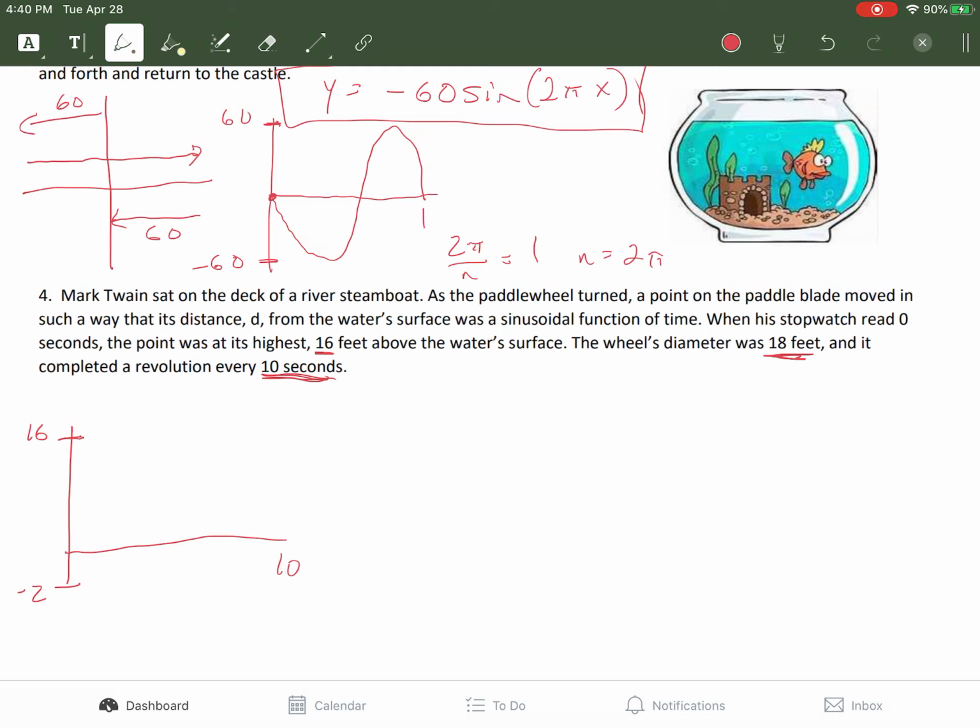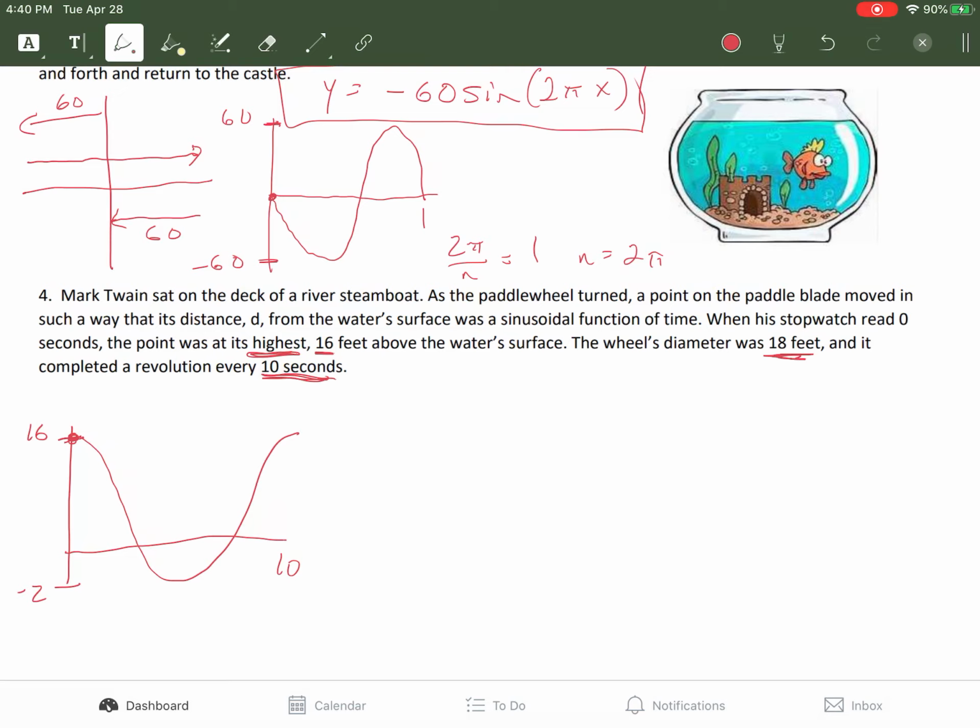Now, it says it started at the highest point. So if it starts at the highest point at 16 feet, that means it's going to be a cosine function. It's going to go down and back up. So that's what we're going to try and graph.